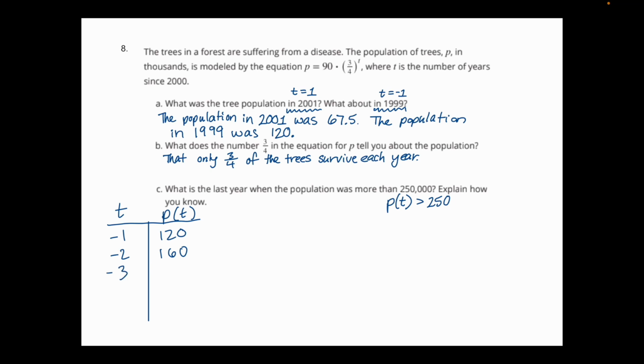This is 213 and 1/3. -4. This is 284.4, and the 4 just repeats. I don't remember how to write that as a fraction. It might be like 4/9, something like that.